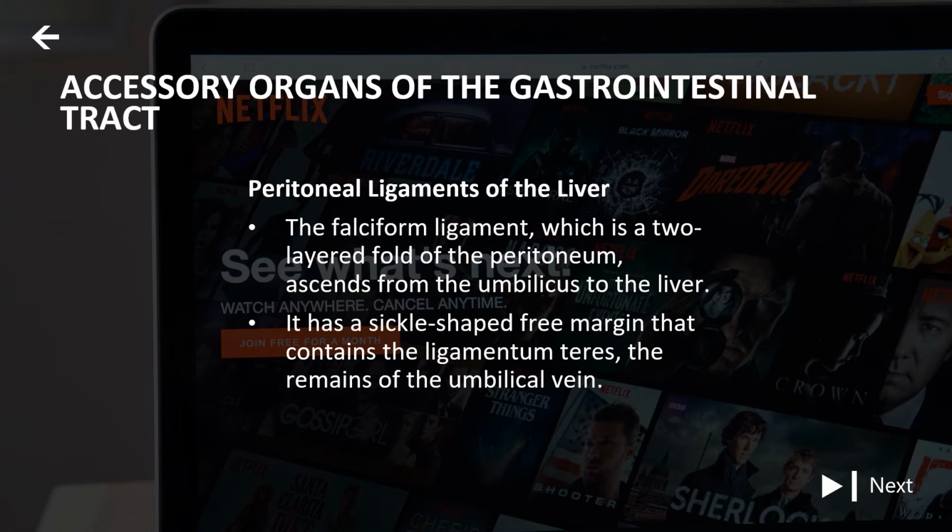It is attached to the left branch of the portal vein, and it ascends in a fissure on the visceral surface of the liver to be attached above the inferior vena cava. The lesser omentum arises from the edges of the porta hepatis and the fissure for the ligamentum venosum and passes down to the lesser curvature of the stomach.